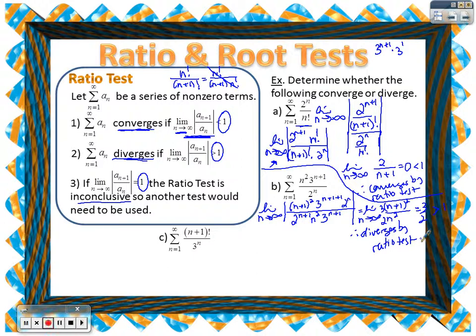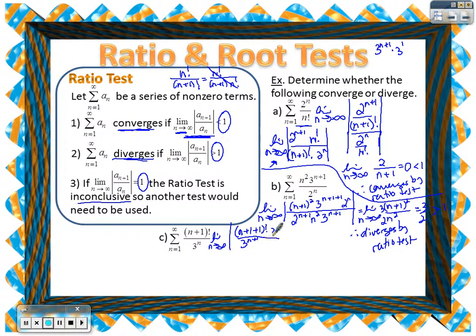Alright, let's do our last one. Okay, so we have the limit as n goes to infinity. Okay, we're going to do the plus 1. So I have n plus 1 factorial over 3 to the n plus 1. And really visualize that this is down here in the denominator, and I'm going to flip it upside down.